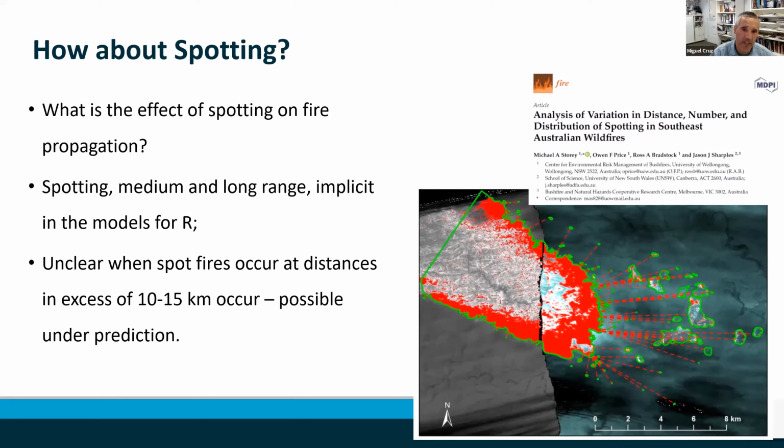A good example is this image from a paper from Michael Storey, University of Wollongong, where you see quite a large fire, with quite a number of spot fires ahead of it, most of them landing in the wake zone ahead of the fire. And you don't see those spot fires spreading with the shape that you would see in a new fire, the nice elliptical shape going with the wind.